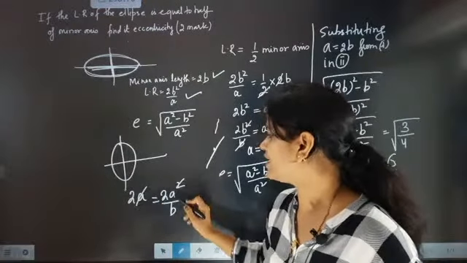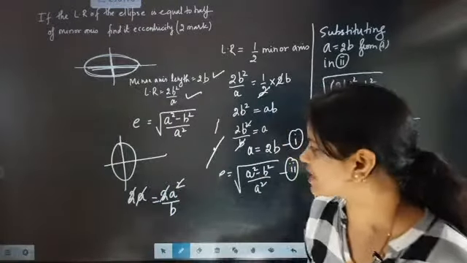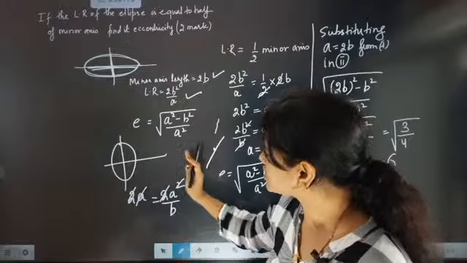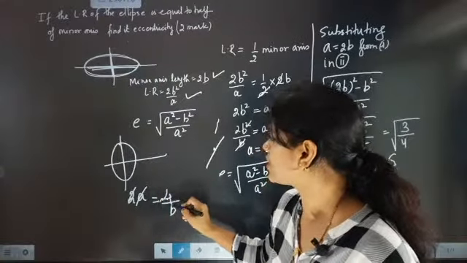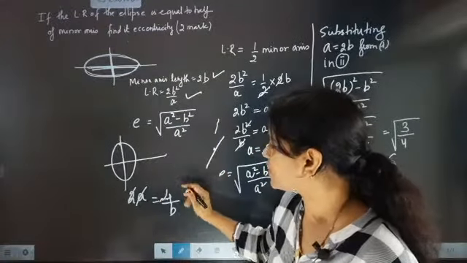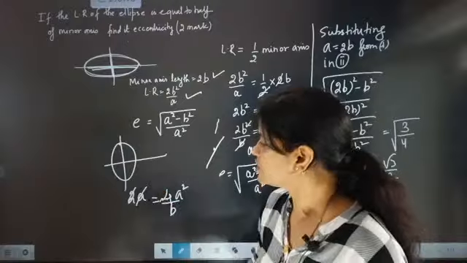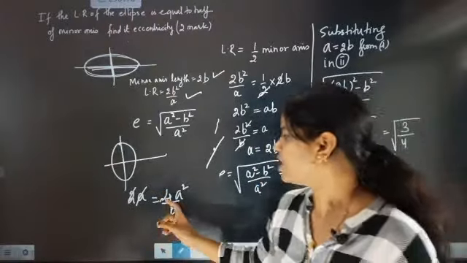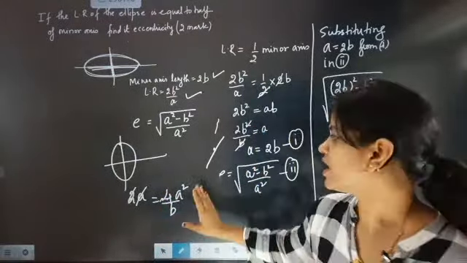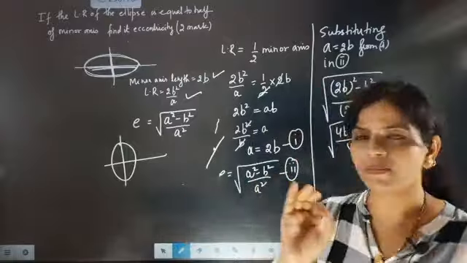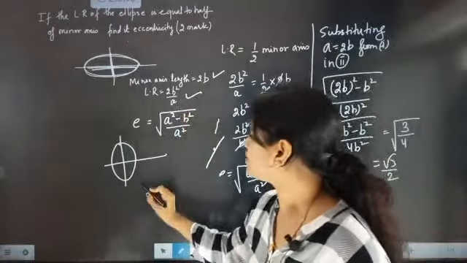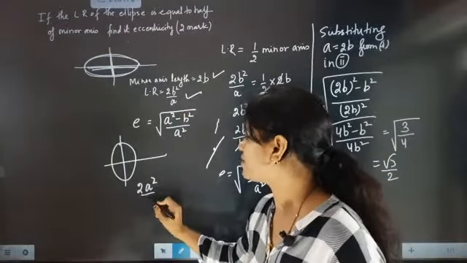So a and a will get cancelled, this and this will get cancelled. So exactly 2a square means 4 will be coming. So this part will be just changed, and the equation will come back correct.